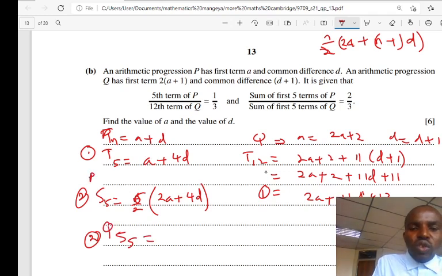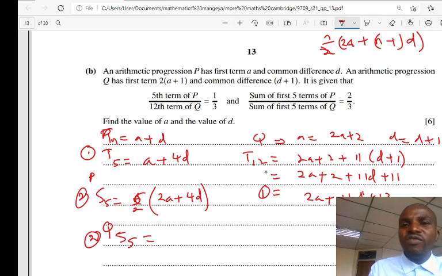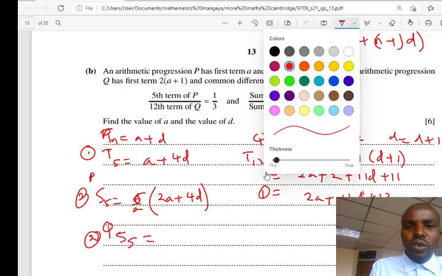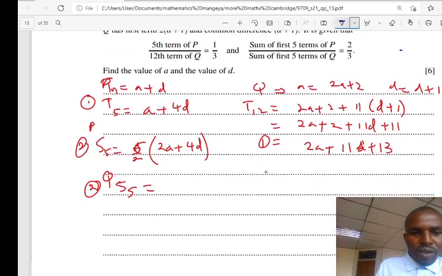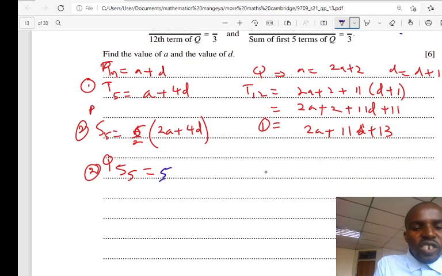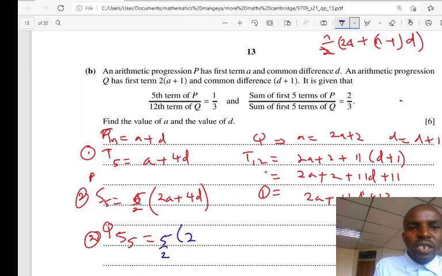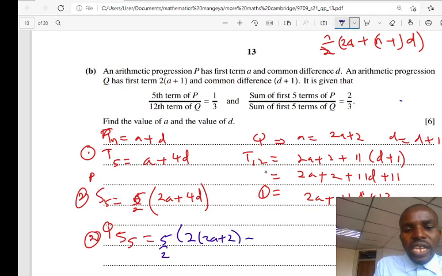For Q, it will be equal to n over 2, which is 5 over 2. Then 2 times a. What was a on this one? It is 2a plus 2. Then plus n minus 1, which is 5 minus 1, 4 times d. D is what? It is d plus 1.